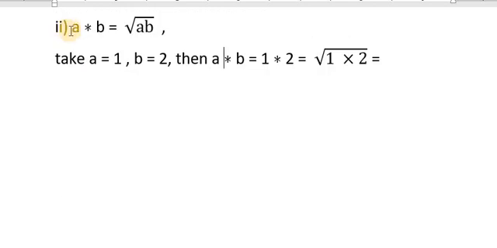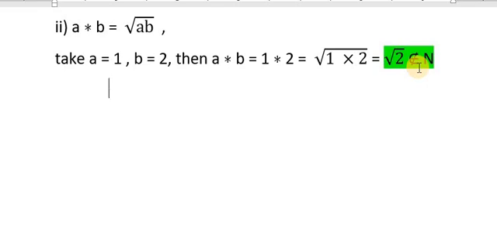Second problem, a star b is equal to root ab. For this also, let us consider a is equal to 1 and b is equal to 2. Then a star b is equal to 1 star 2. 1 star 2 means root of 1 into 2. Root of 1 into 2 is root 2. Again, it is not present in the set of natural numbers.